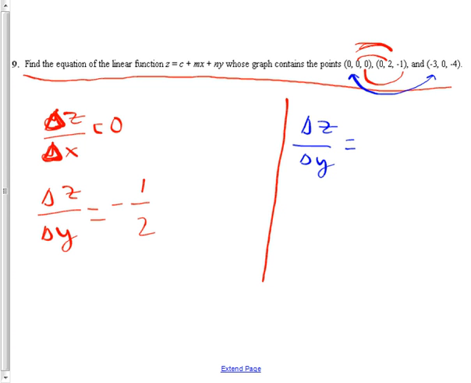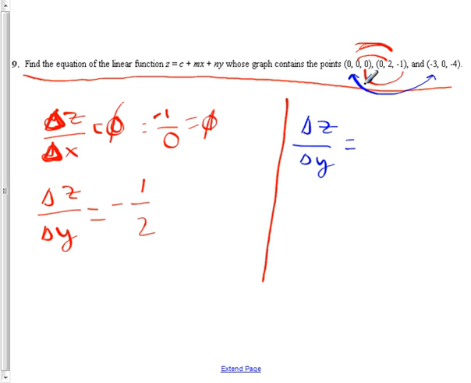I made a slight error as I was talking. It's not that the slope here was 0, it's that it's undefined. We can see that because going back to the first 2 points, the slope is a change in z of negative 1 over a 0 change in x, so that slope is undefined. The fact that the slope is undefined means that my x was fixed.